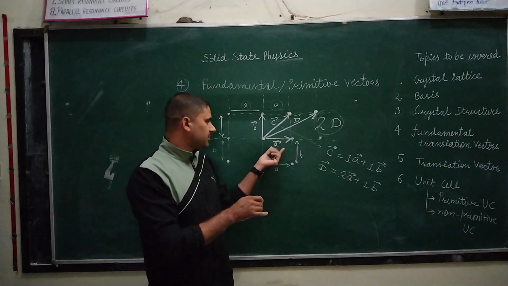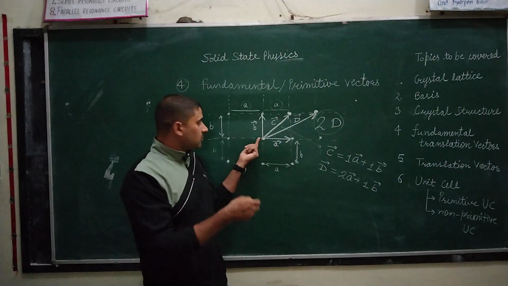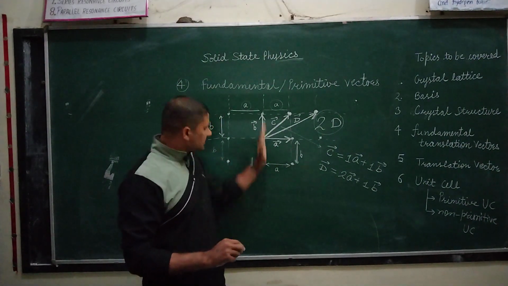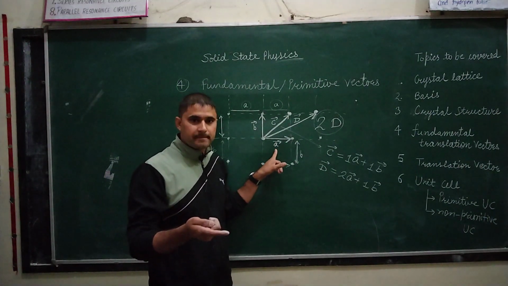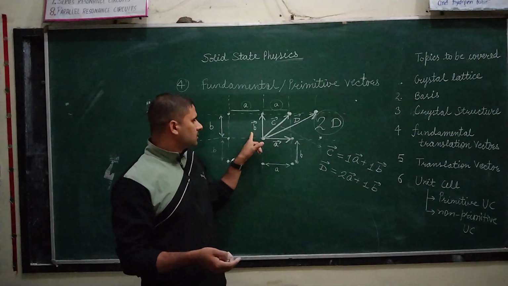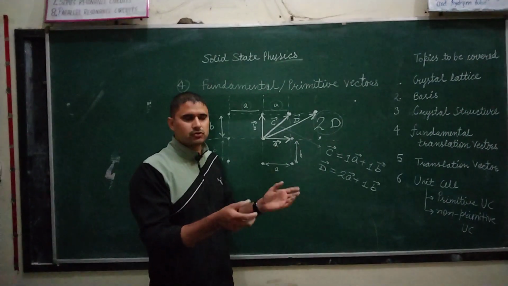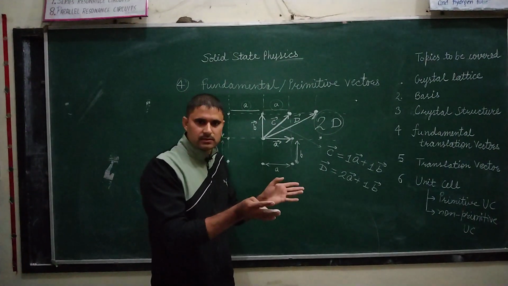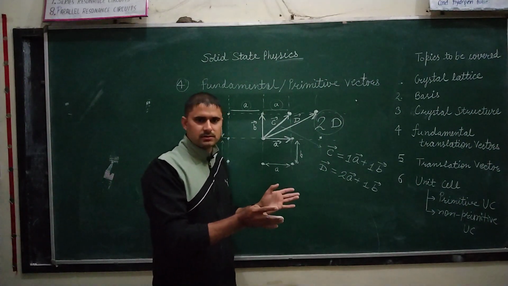Along this direction the particles are at a distance A. Along this other direction, the arrangement of particles cannot be at a distance A. Okay, it can be, but A and B are independent of each other because the directions are different. Along different directions, physical properties are different.